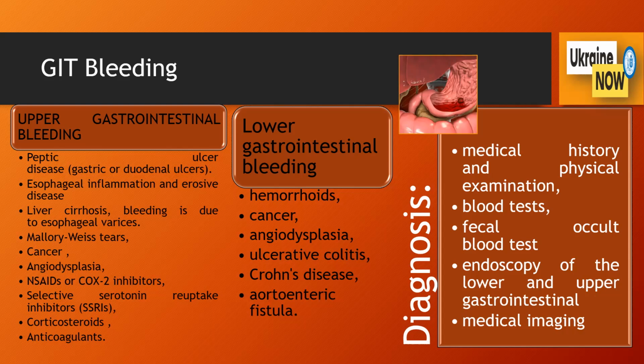Diagnosis of gastrointestinal bleeding typically begins with a medical history and physical examination, along with blood tests. Small amounts of bleeding may be detected by fecal occult blood tests. Endoscopy of the lower and upper gastrointestinal tract may locate the area of bleeding. Medical imaging may be useful in cases that are not clear.